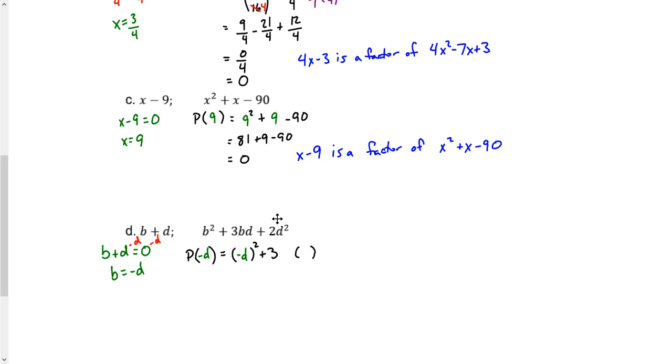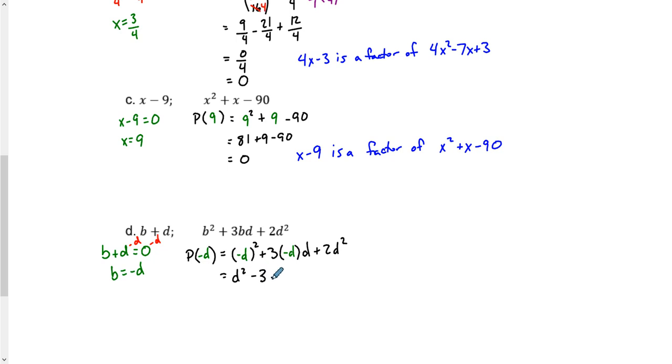Instead of writing that b, I'm going to write a negative d. This one would still just be a d plus 2d squared. Alrighty, so negative d squared would be a positive d squared. This negative squared is positive. I would then have a 3 multiplied by negative d multiplied by positive d.